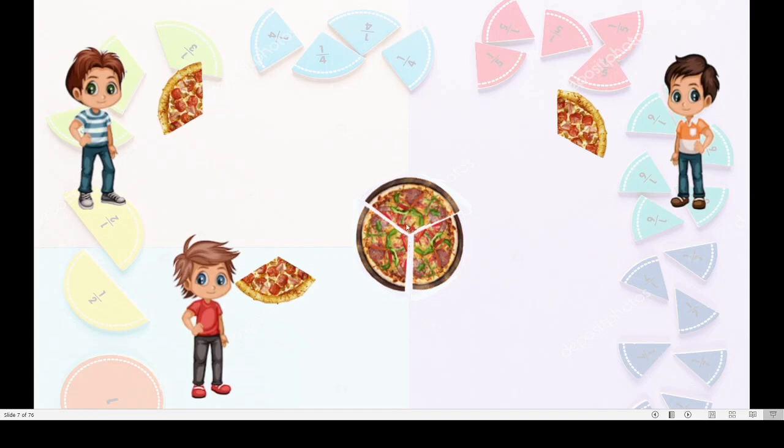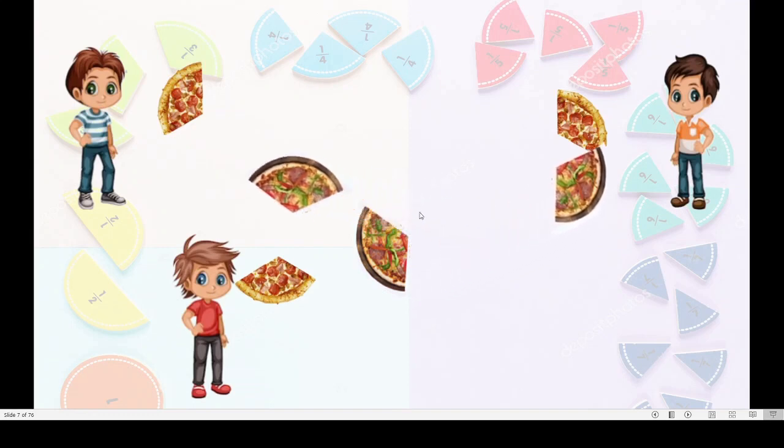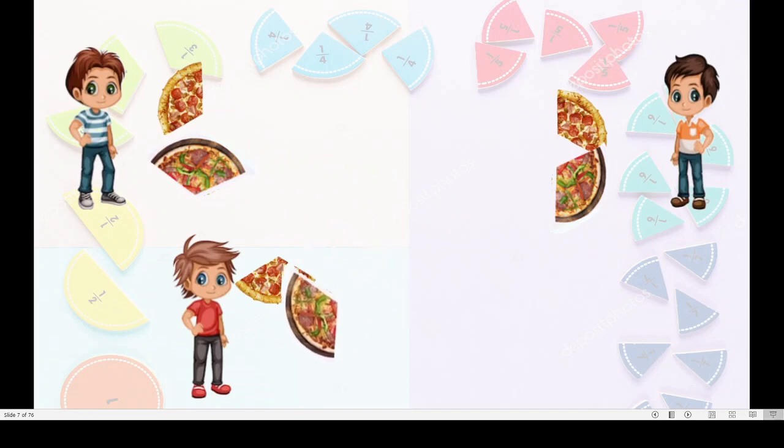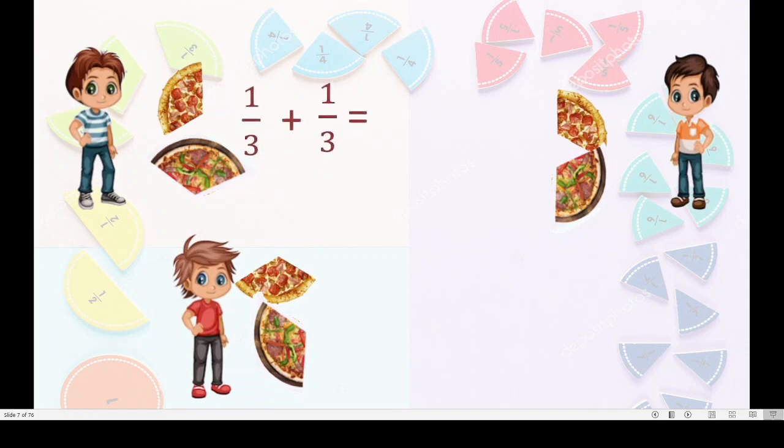Now we will move to this pizza. Yes, here also we will distribute 1 piece to each child. Now they are satisfied because all 3 got the same portion, that is 1 upon 3 plus 1 upon 3, right?